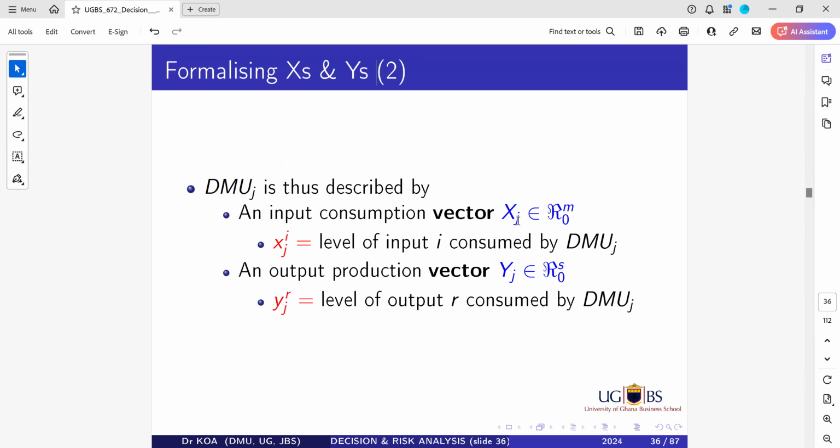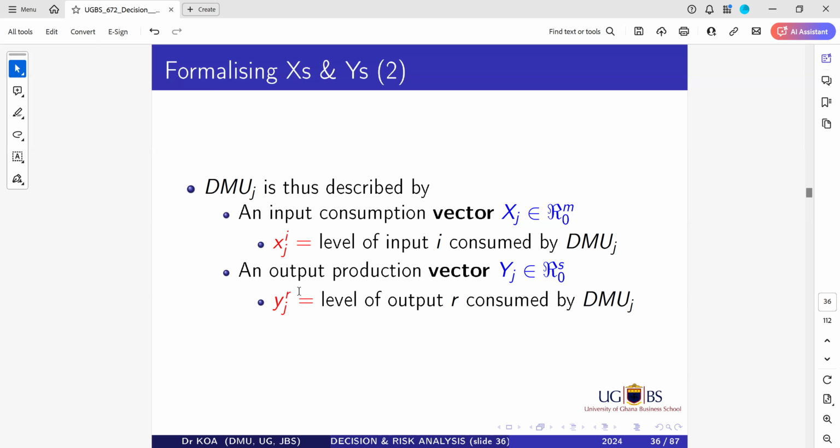You can create an input vector and an output vector. This capital X is indicative of the fact that the input is not just a single one, but it's all the inputs put together to get a capital X. This input Xj, J is referred to a particular DMU. And this X is a member of the positive real numbers, of dimension M, and there's no 0.